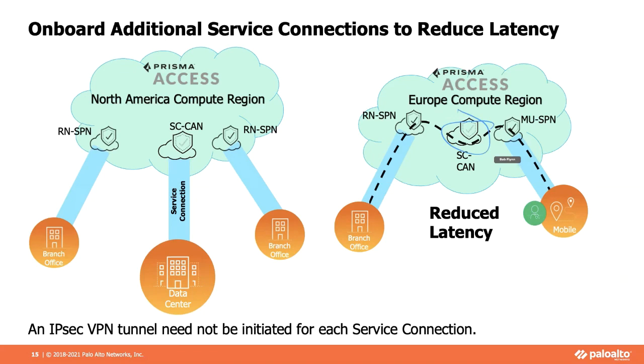Even if there's no service connection with any sort of data center at the bottom or any sort of services that need to be reached, we can just deploy this as a router. And remember, with the global licensing, you get 5 of them anyway. So this would be a good use to reduce latency and allow regionalized local access to local stuff. So that's a great way to reduce latency.